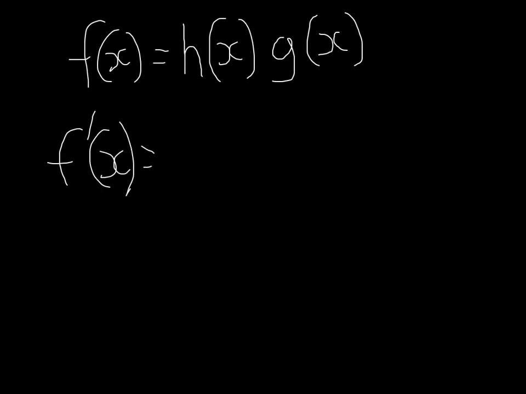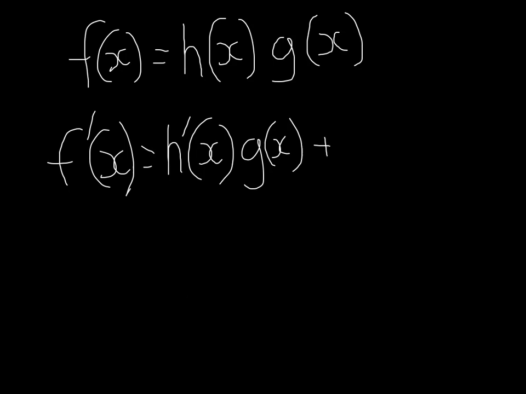You get the derivative of the first function, times it by the second function, and then you add the first function times the derivative of the second function. So that's the formula. Now for some questions.